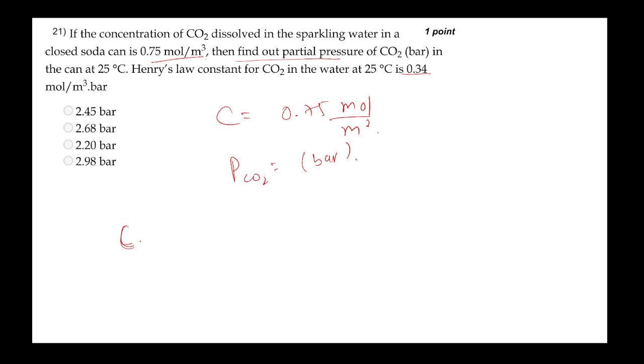Here the concentration of gas in the liquid phase is related to partial pressure as C equals H into P. So if you use this correlation and put in the values, the partial pressure of CO2 will be the concentration divided by Henry's constant, and the correct answer will come out to be 2.2 bars.